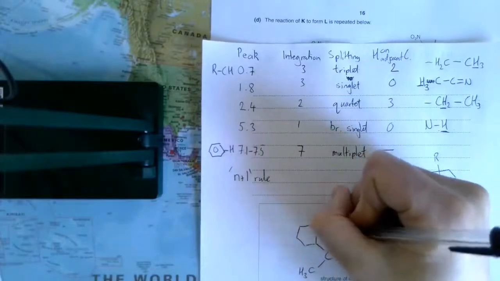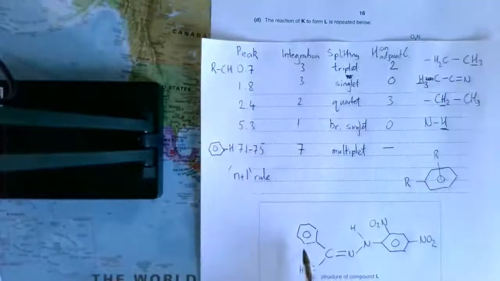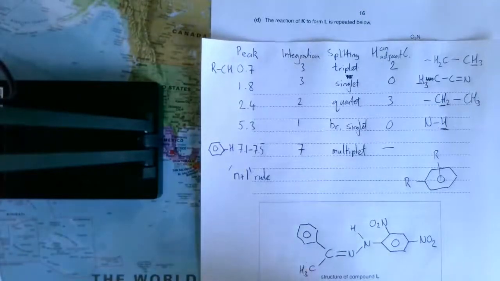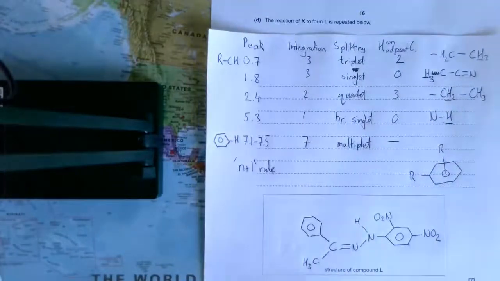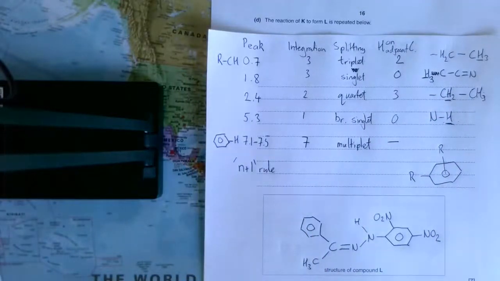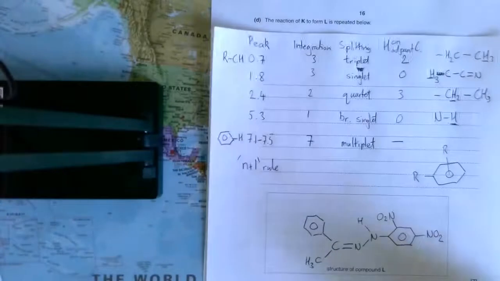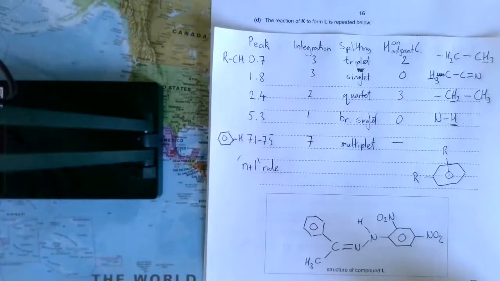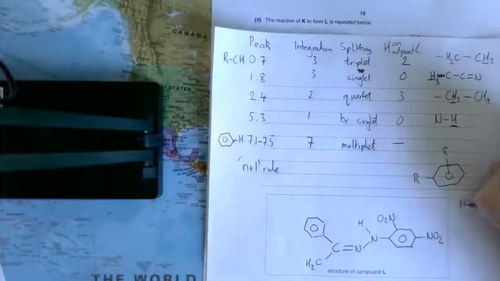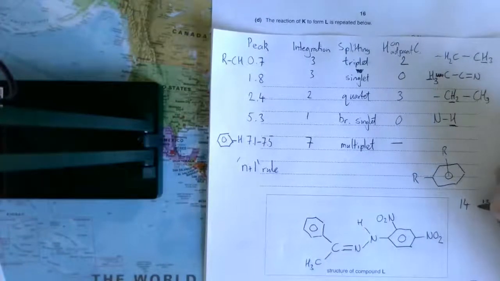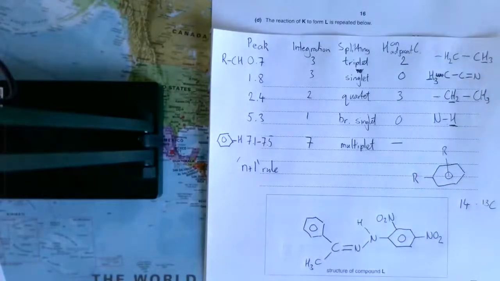must bond onto a benzene based system, an aromatic ring, and there must be a CH2, CH3 that goes on it somewhere. The exact positioning we're going to use the carbon 13 spectrum that we had earlier to help us with. There were 14 carbon environments in total.